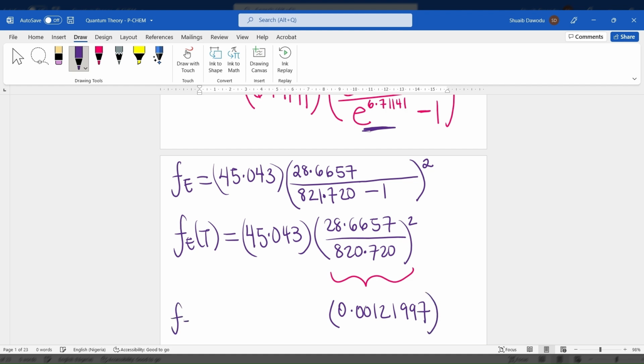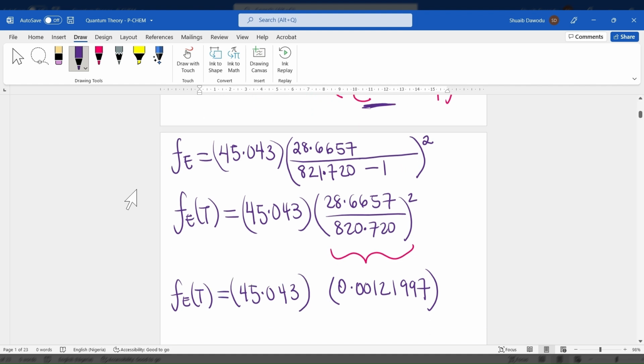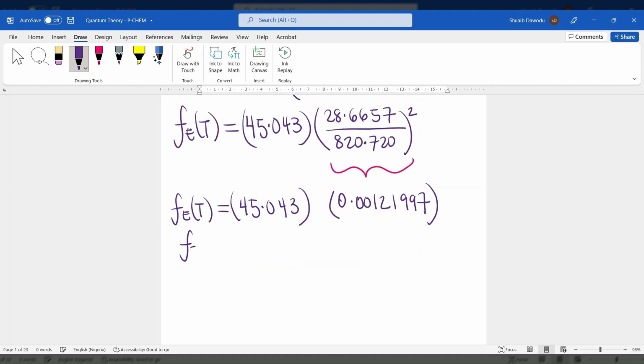And then f sub e of t is equal to 45.043. So all you have to simply do is multiply. So f sub e of t is equal to 45.043 times 0.0012197. You end up with 0.054951110. So that's basically the value.